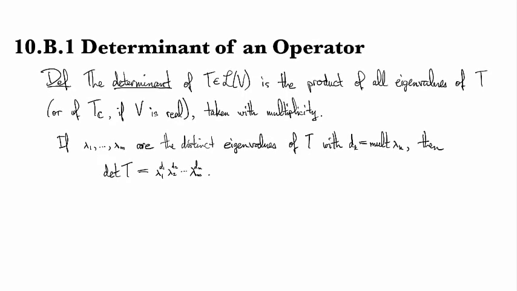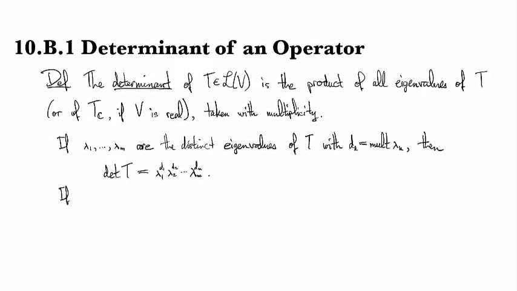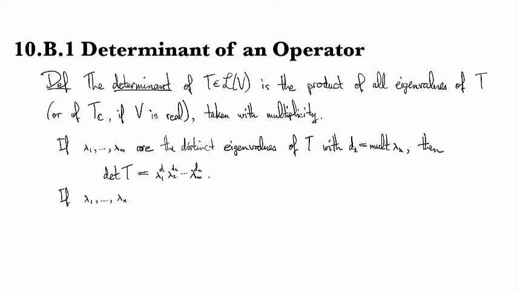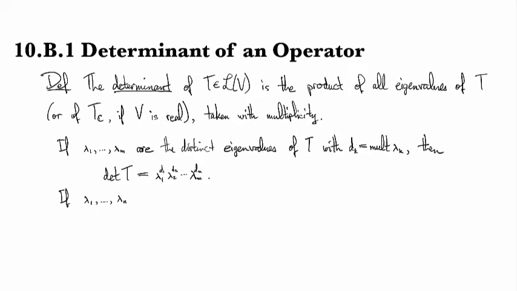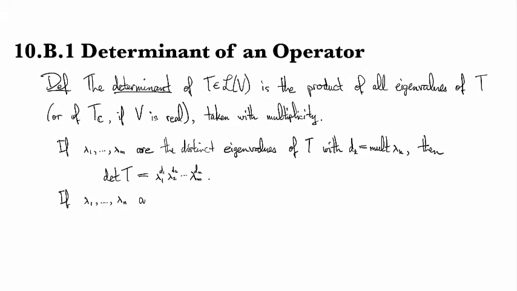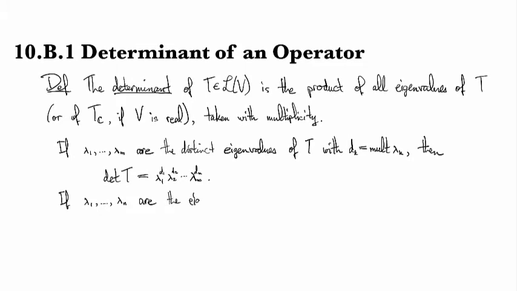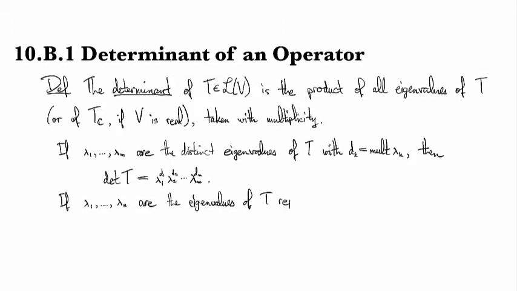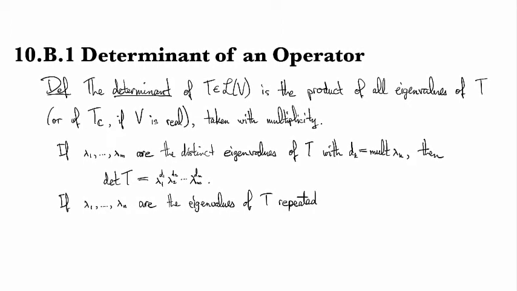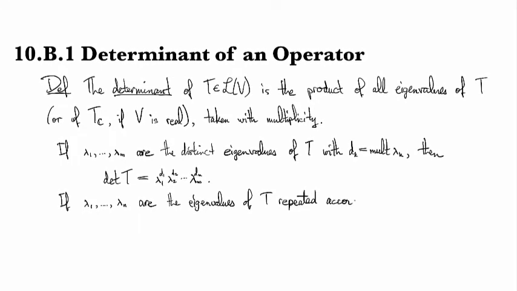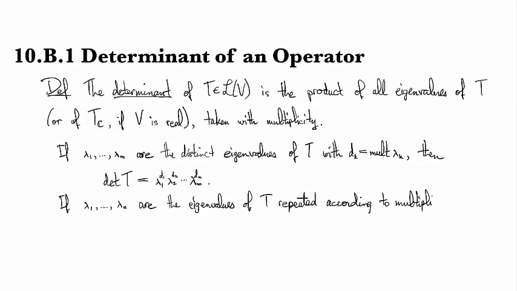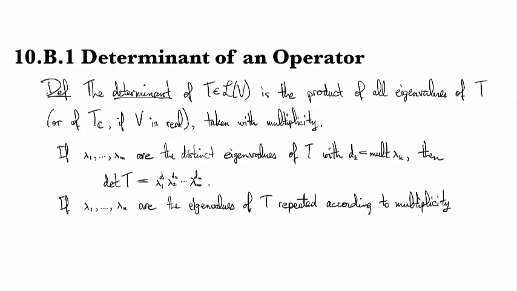If we take them as repeated according to multiplicity, then there's potentially more of them, so I'll have the final subscript as an n instead of an m. So these are repeated according to multiplicity.